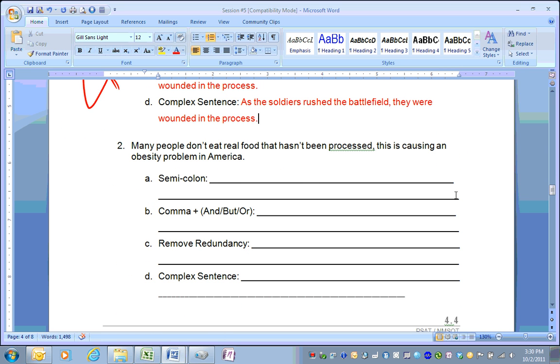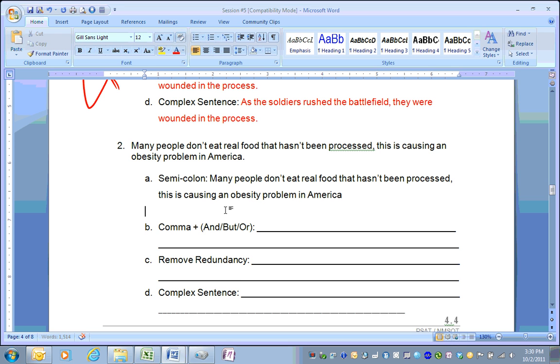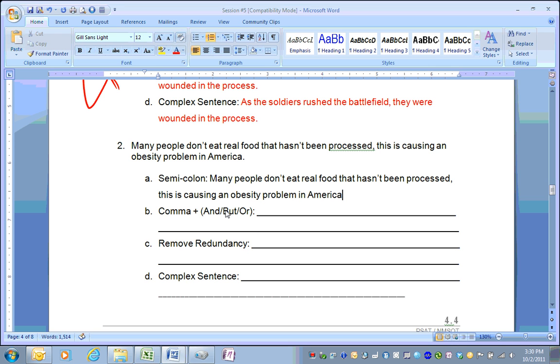Let's look at some of these options here. So where can I add the semicolon for this one? Maybe people don't eat real food that hasn't been processed. Then put a semicolon, right? This is causing an obesity problem in America.